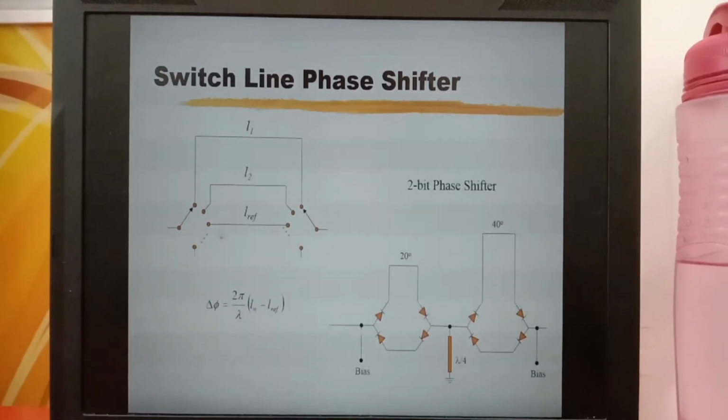So by utilizing two switches, we can select the transmission line to be used and therefore obtain the different phase shift.